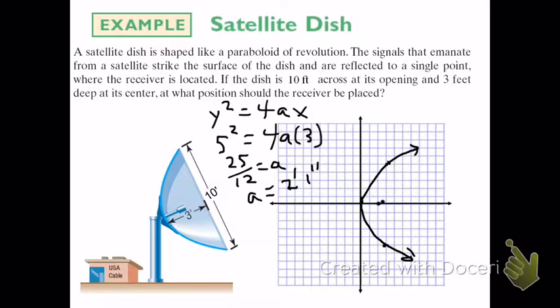And that is where we need to put our receiver, isn't it? And again, we could describe that with words. We could say that the focus will be on the axis of symmetry at 2 foot 1 inch from the vertex.